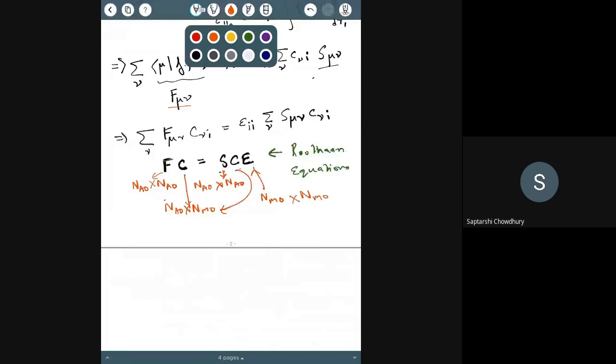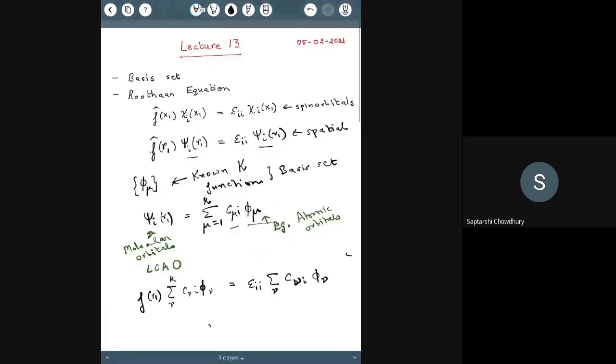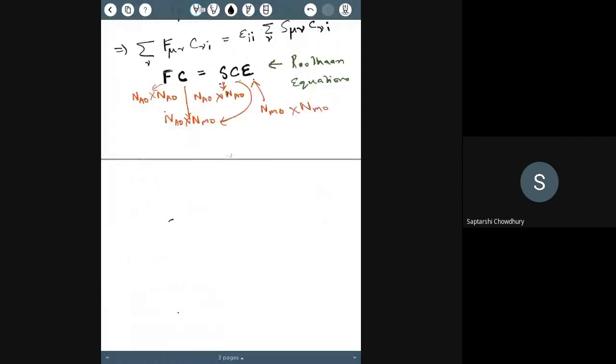But before we do that, we also need to know how to evaluate the Fock matrix elements. So what is F mu nu? So remember that my Fock operator. Okay, I haven't written it, so let's write it again. So the Fock operator, now we will talk about that. So what is F mu nu?